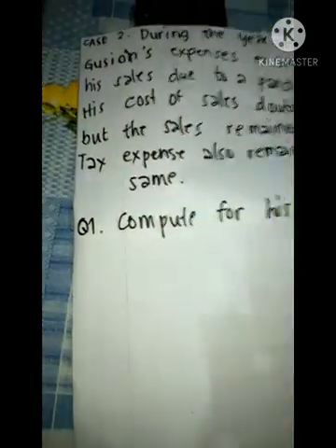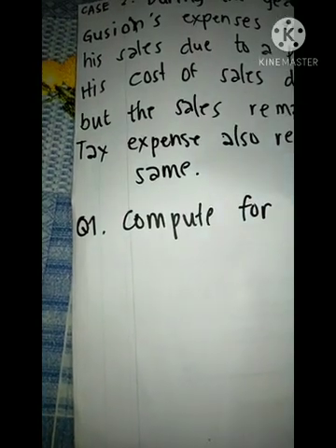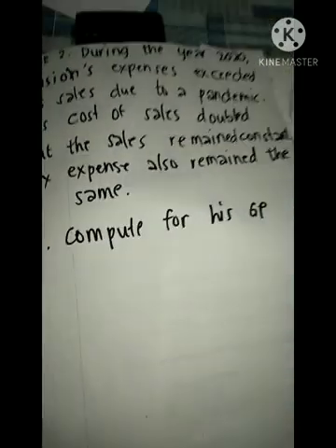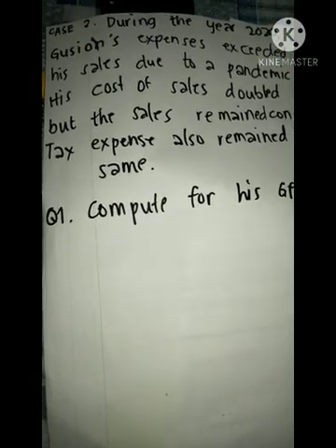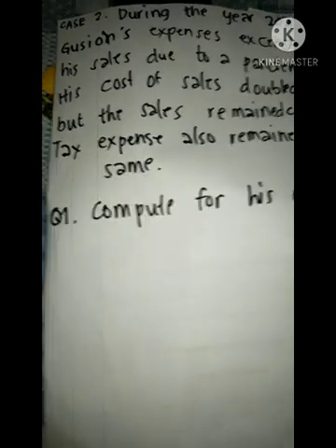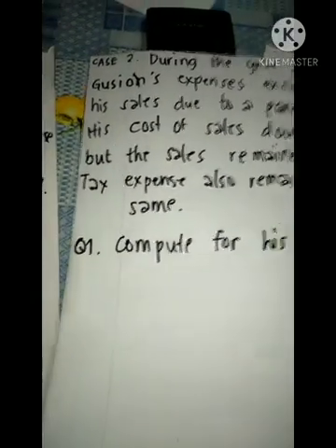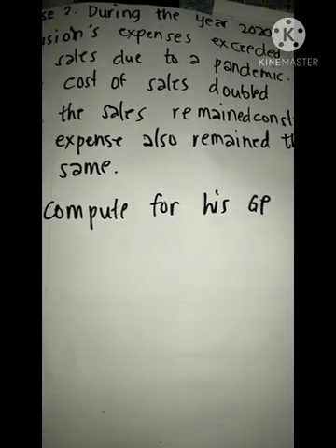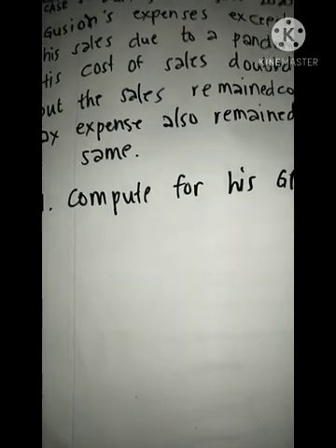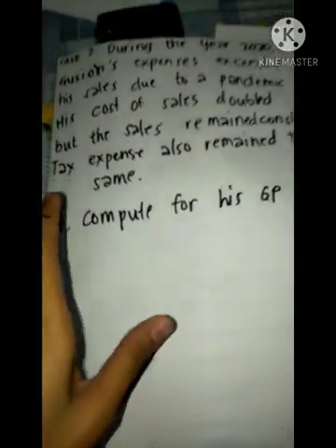So, ibig sabihin nito, nag-produce sila ng maraming products, pero by 2020, walang naidagdag sa sales nila, ganun pa rin. So, yung pinadami nilang product, hindi na benta. So, since silent ang problem sa fixed expenses, i-assume natin hindi siya nagbago dahil fixed naman siya, okay? And the tax remained the same daw.